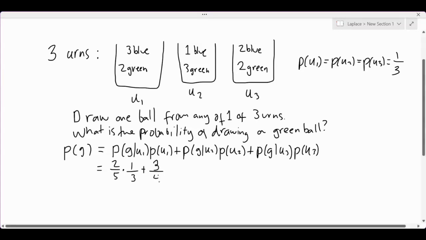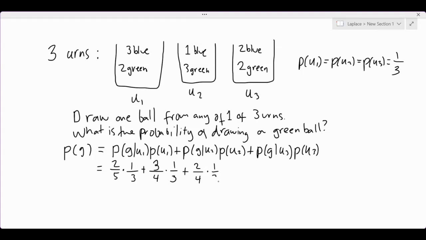This is 3/4 times 1/3 plus 2/4 times 1/3, from which we get 2/15 plus 3/12 plus 2/12. And using a calculator to evaluate this numerical expression will give us 11/20.